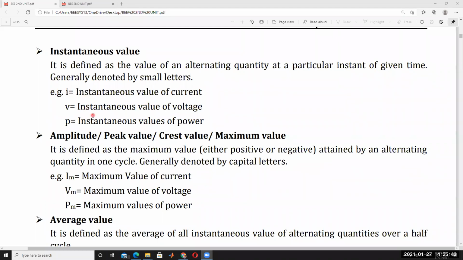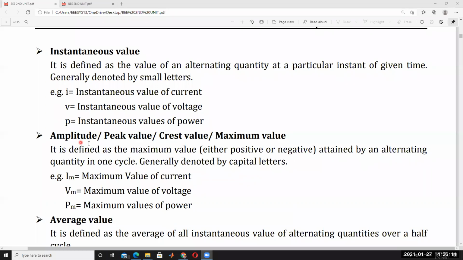Next, amplitude or peak value. Amplitude, peak value, crest value, or maximum value all have the same meaning. It is defined as the maximum value, either positive or negative, attained by an alternating quantity in one cycle.